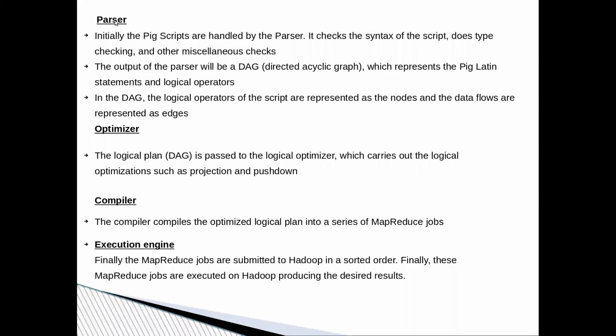Now let's have a descriptive description about all these things. When we talk of the parser, the Pig scripts initially are handled by the parser. Parser is the first thing that they come to. It will check the syntax of the script, whether you have written the commands in proper syntax or not. It will also do all the type checking, and a lot of other miscellaneous checks would be performed by the parser.